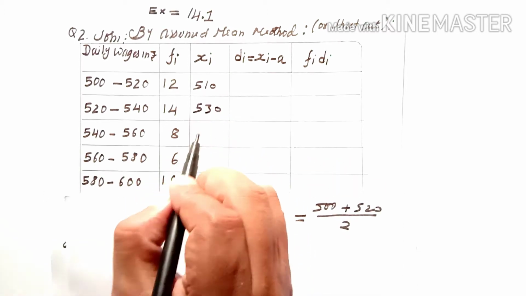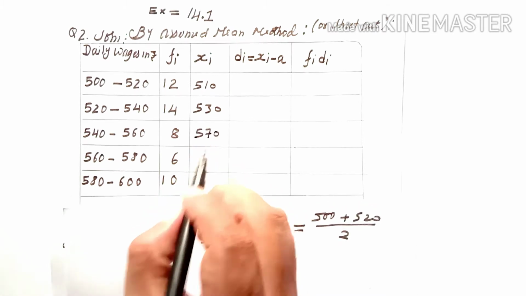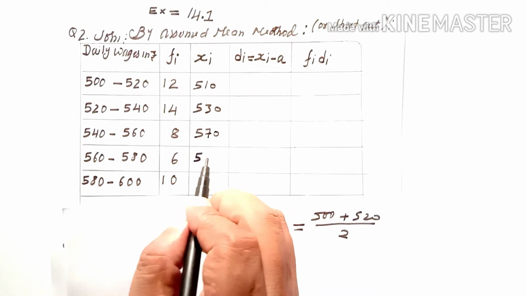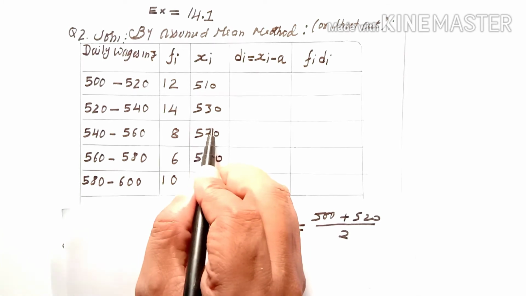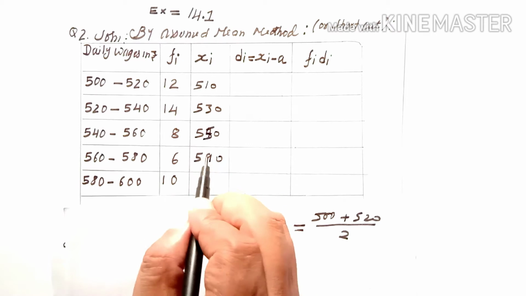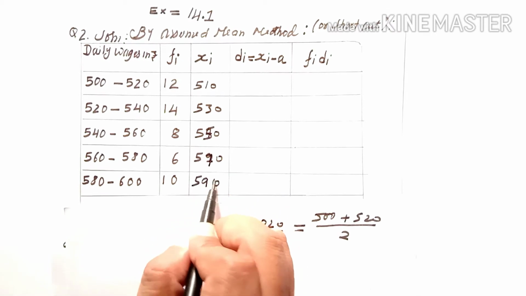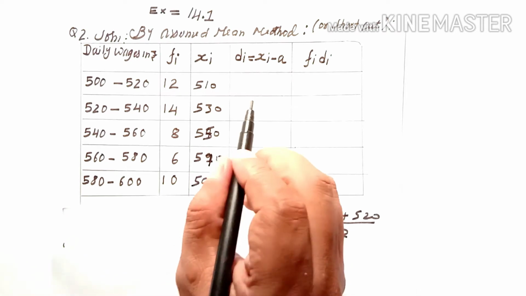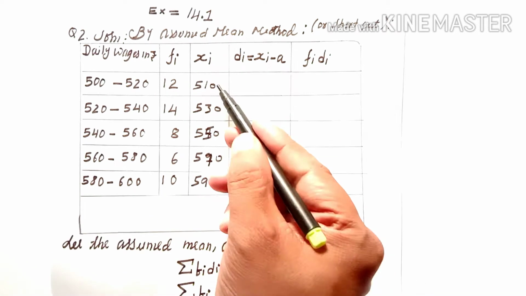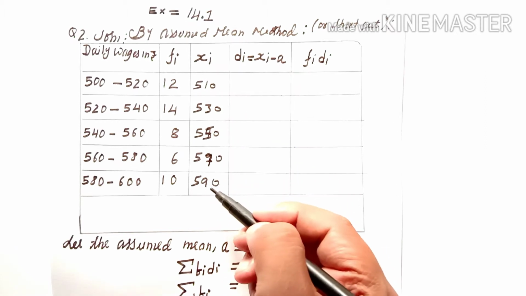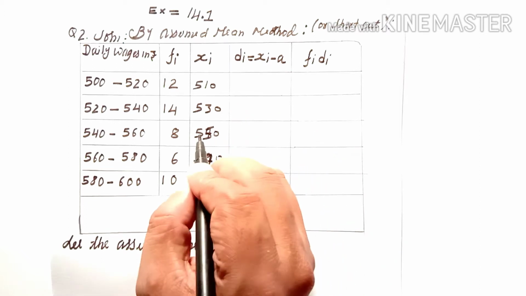Again 530 plus 20 equals 550. Then 550 plus 20 equals 570, and 570 plus 20 equals 590. After that, from the class marks, get the middle value: 1, 2, 3, 4, 5. That means it is an odd number, so exactly the middle value will be 550.